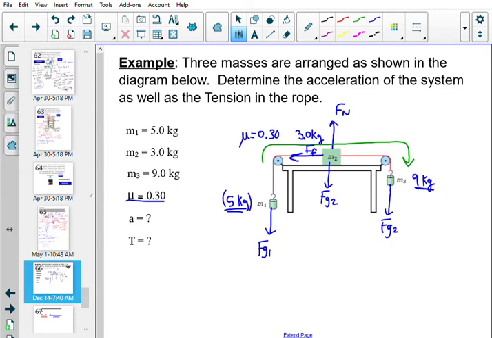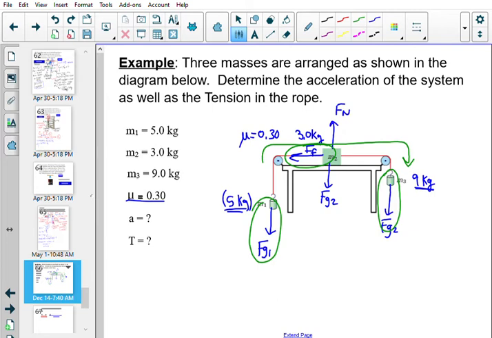So altogether, my free body diagram has lots of forces on it, but there's only a couple of them that are actually pulling on the rope. The ones that are pulling on the rope and are therefore going to be used for the acceleration: Fg1 is pulling on the rope, Fg3 is pulling on it, and friction. Those are the only three forces I'm going to use for my Fnet.